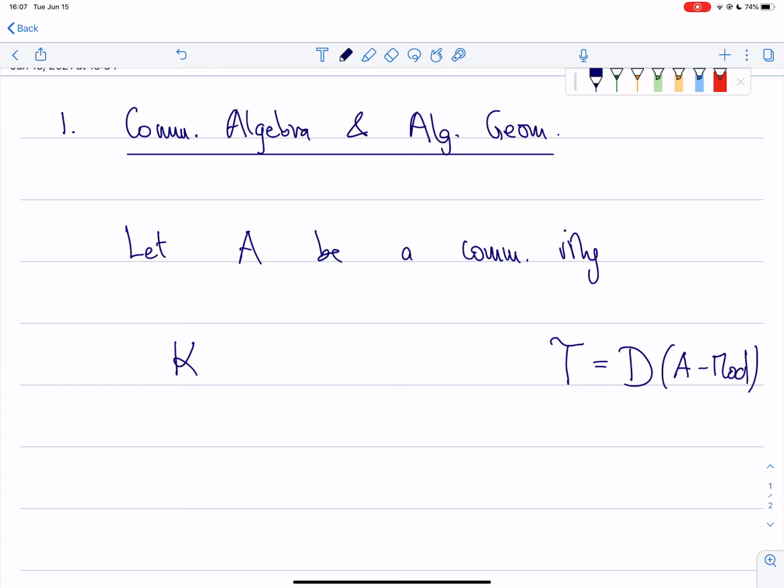So this thing here is an abelian category, and you can construct its derived category, which is made of complexes, a category of complexes of A modules.